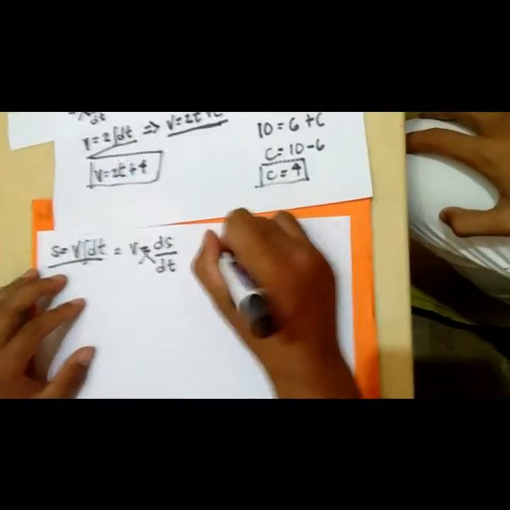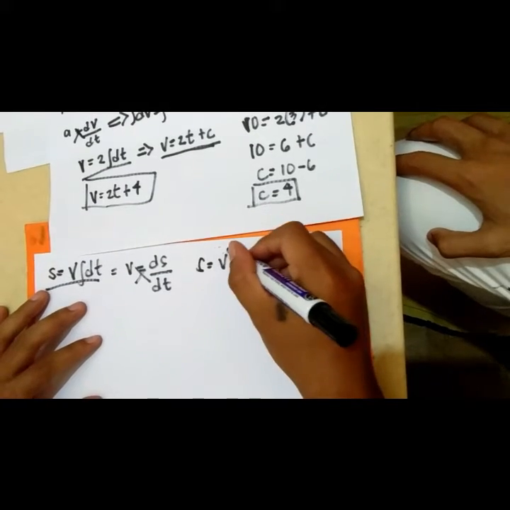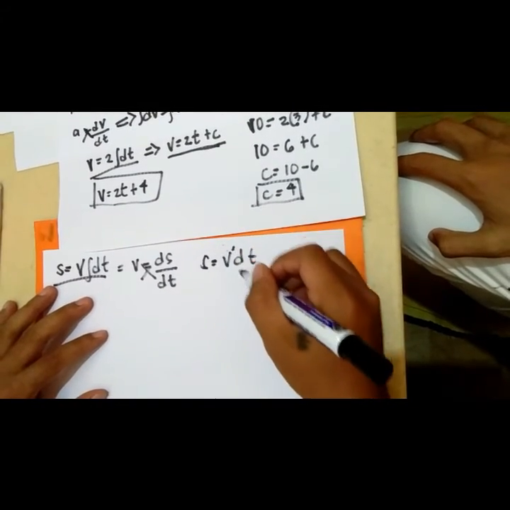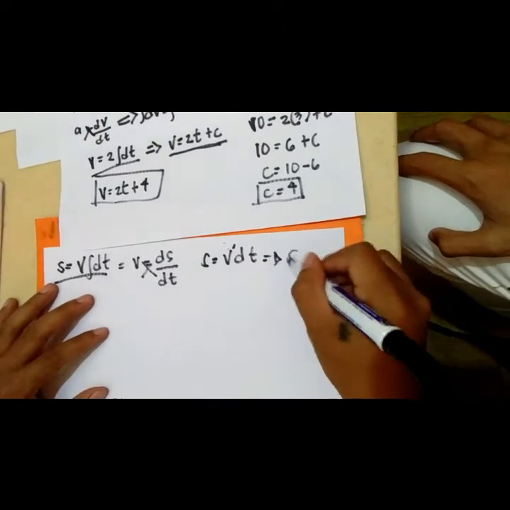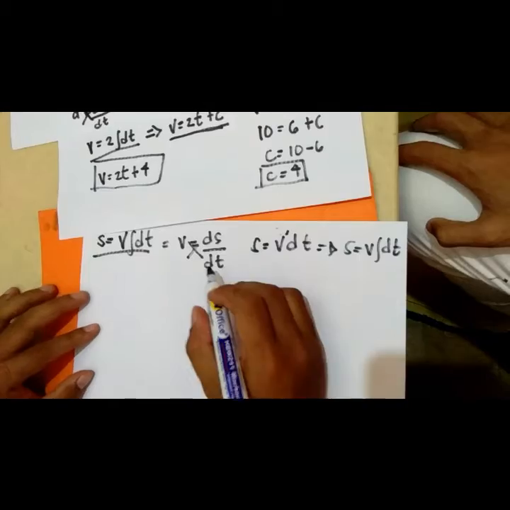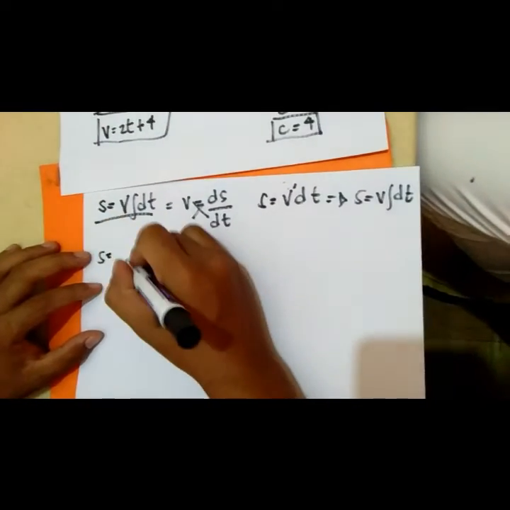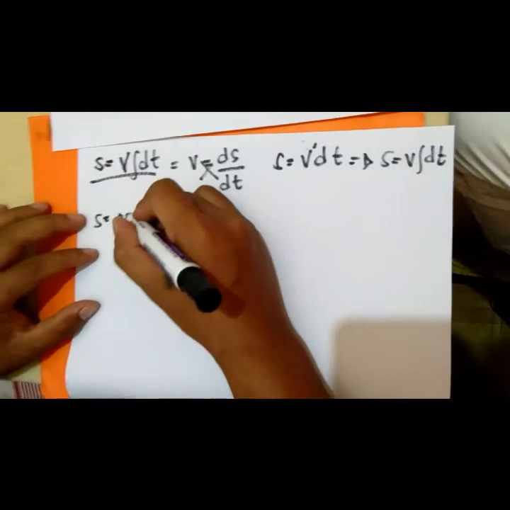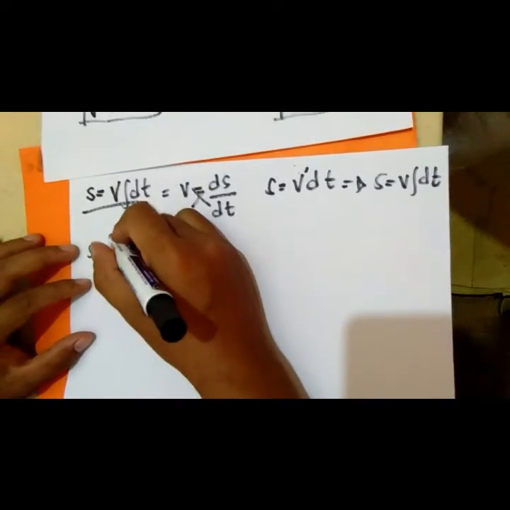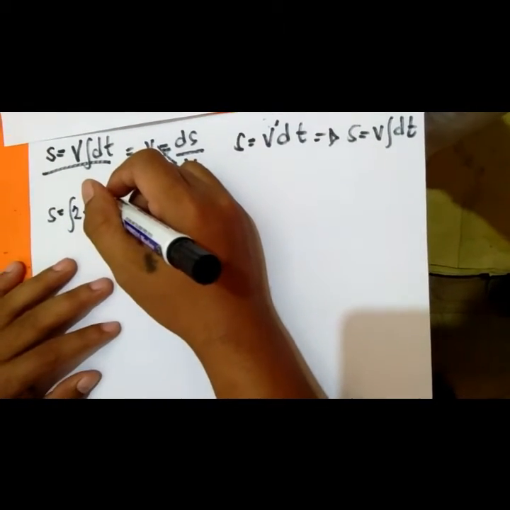So s equals the integral of v dt. We will integrate this: s equals the integral of v dt, and substitute the value of velocity, 2t plus 4. So s equals the integral of 2t plus 4 dt.